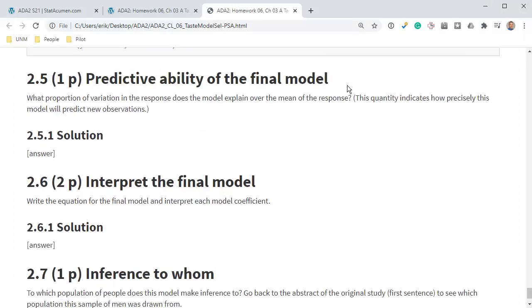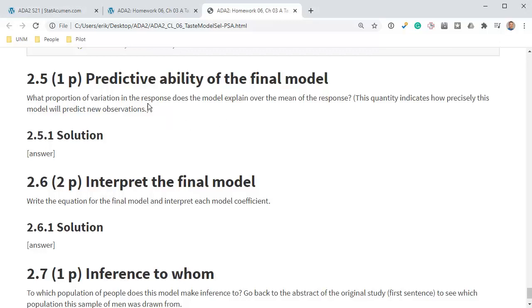F5. All right, let's do the last few parts. Okay, predictive ability of the model. That is the multiple R-squared value.